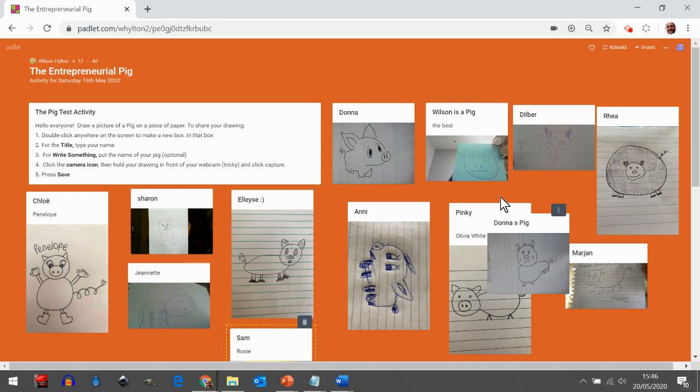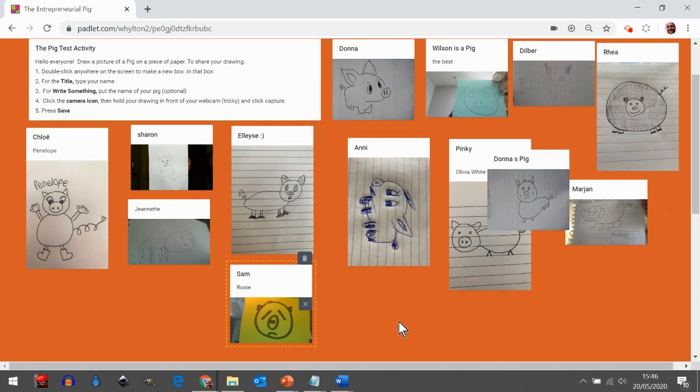So you can see they drew the pigs all over the place, and some of them are quite fantastic. Okay, so following the activity then, they took part in a discussion in Teams and had to describe themselves and then looked at entrepreneurs' characteristics.